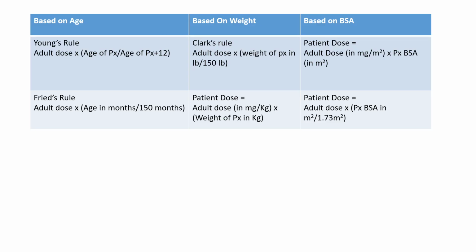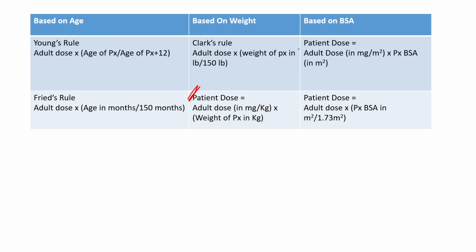Okay, so this is the summary of our different formulas. So effectively, you have 6 formulas you can choose. Please take note for pediatric patients, it is always indicated what rule you are supposed to be using. If there is no rule given, you are supposed to use this one, the one based on weight.